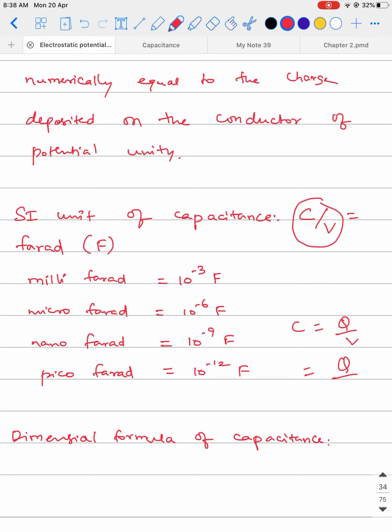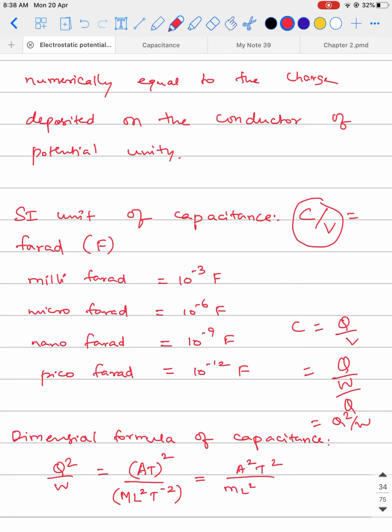V can be written as the work done per charge, according to its basic definition, so we can write C as Q square by W. Q square is measured in ampere square into time square, divided by work, which is defined as m L square T power minus 2. So it is A square T square divided by m L square T minus 2. The required dimensional formula is m power minus 1, L power minus 2, T power 4 and A square.